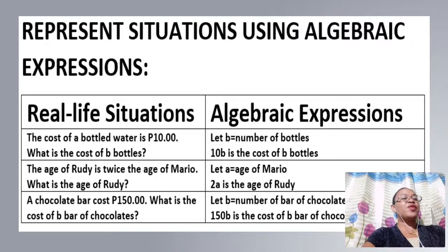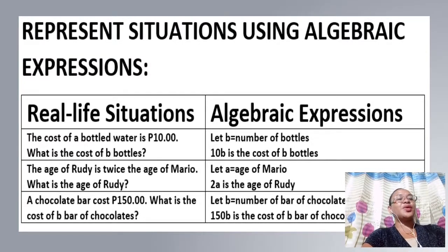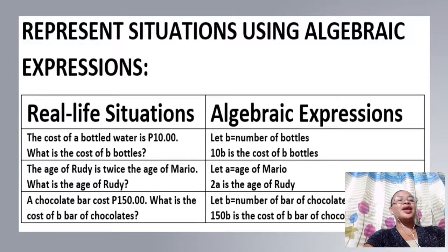So, whatever the number of bars, we just multiply it by 150 so that we will know how much we are going to pay for it. So, our algebraic expression will become 150B. So, that's how easy it is to represent situations using algebraic expressions.